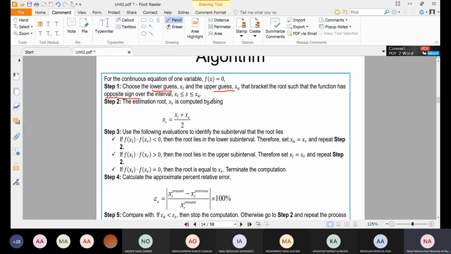Second step, I will estimate the midpoint, x_r. After that I will use my algorithm.